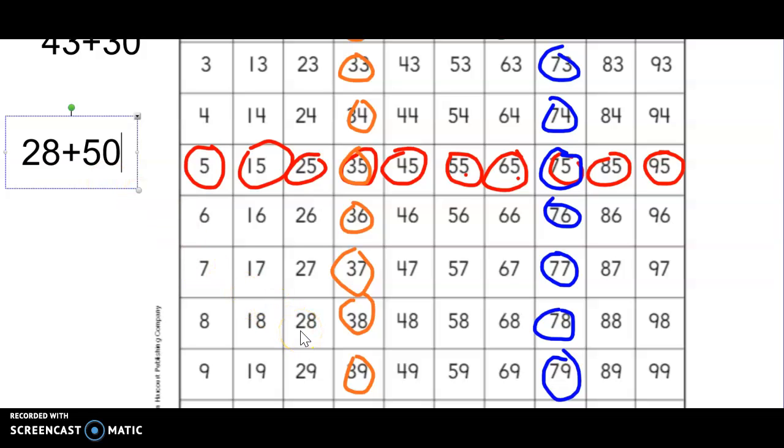So that's 5 10s, 5 hops over to the right because we're adding, our number is getting bigger, okay? So let's count 5 10s or 50. 10, 20, 30, 40, 50. What do we land on? 78. Very good.